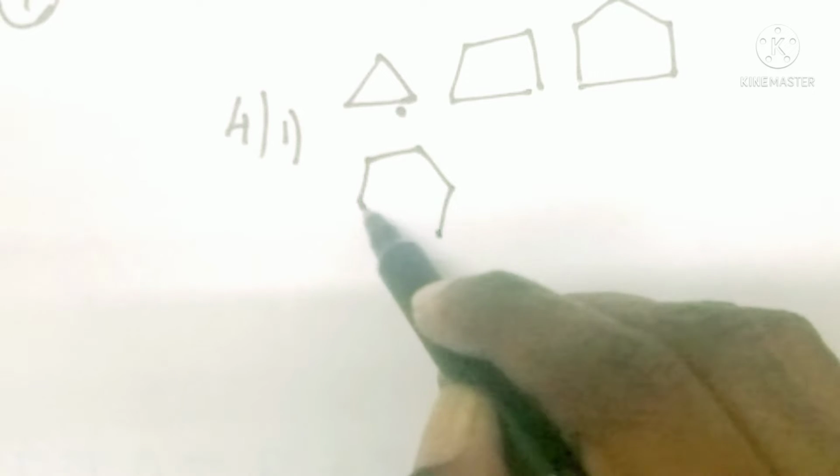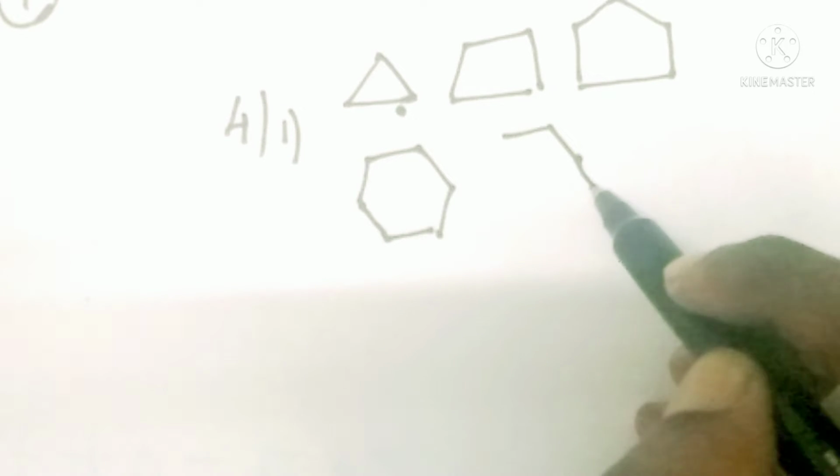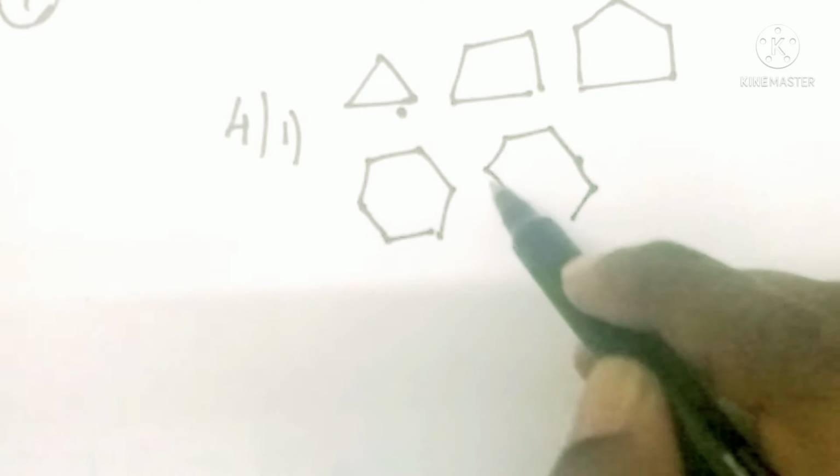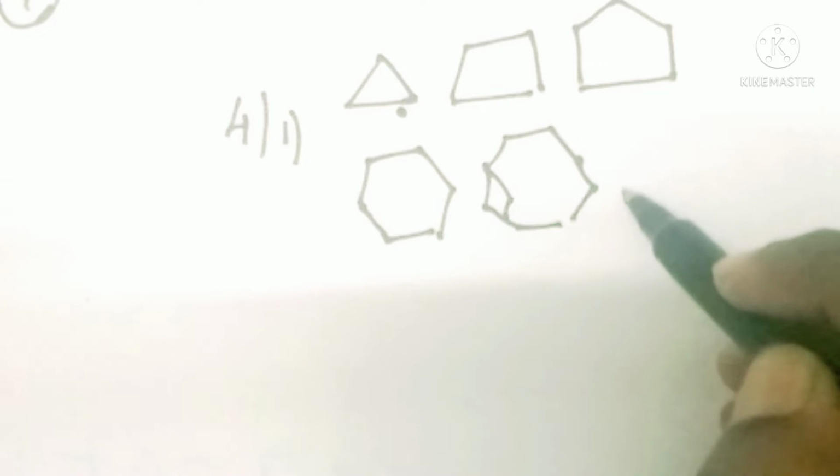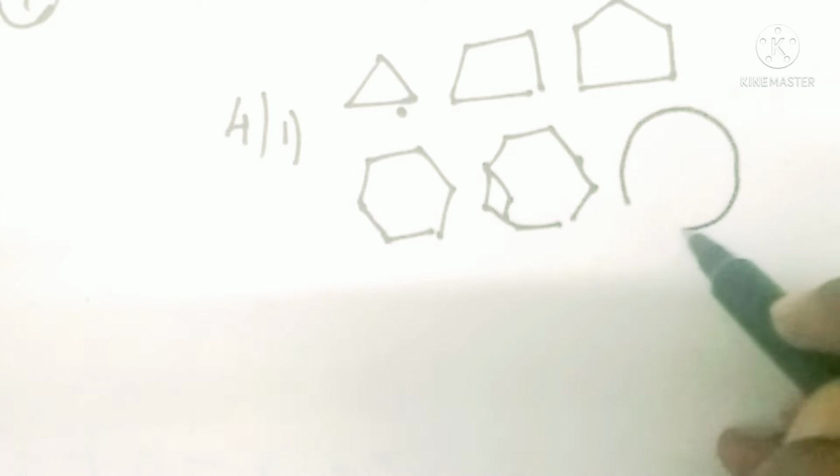Then you have one hexagon. Now again, if you increase, you may have heptagon. Okay. Like this, if you increase the sides, infinitely many sides, slowly it will form a circle. Okay. When it forms a circle, it will become a cylinder.